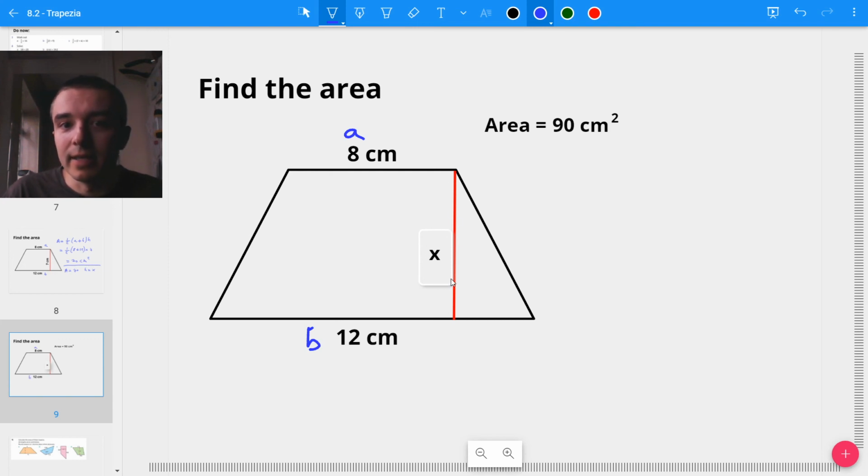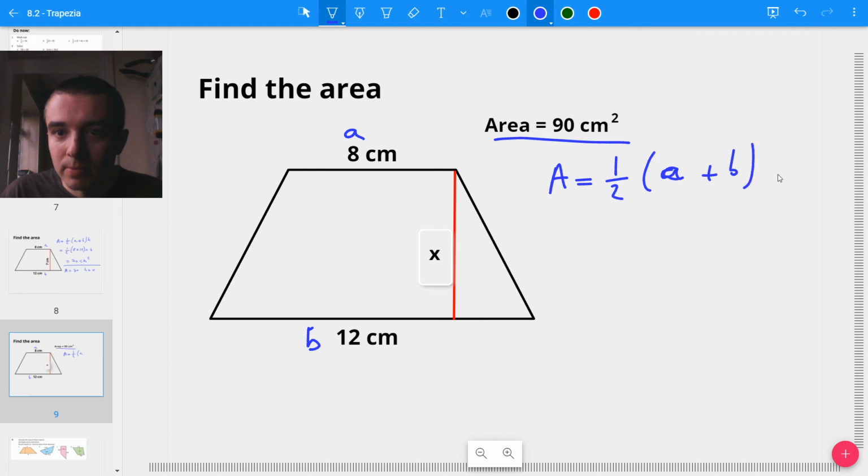You are told that the height is x, and you're given in this case the area. So area is a half bracket a plus b times the height. We know a, we know b, we know the area, we don't know the height.